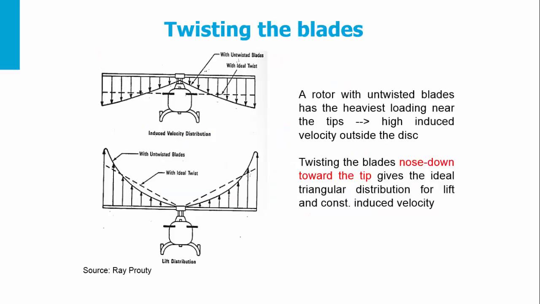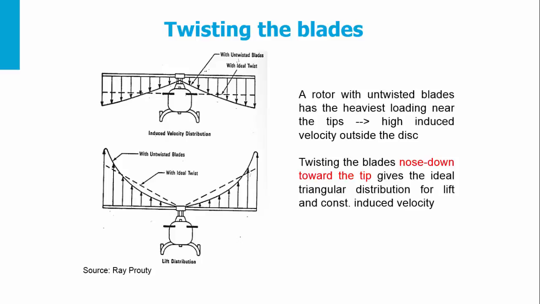Twisting the blades. Here you see the distribution of the induced velocity and of the lift for an ideal twist and of untwisted blades. You can see that a rotor with untwisted blades has the heaviest loading near the tips.